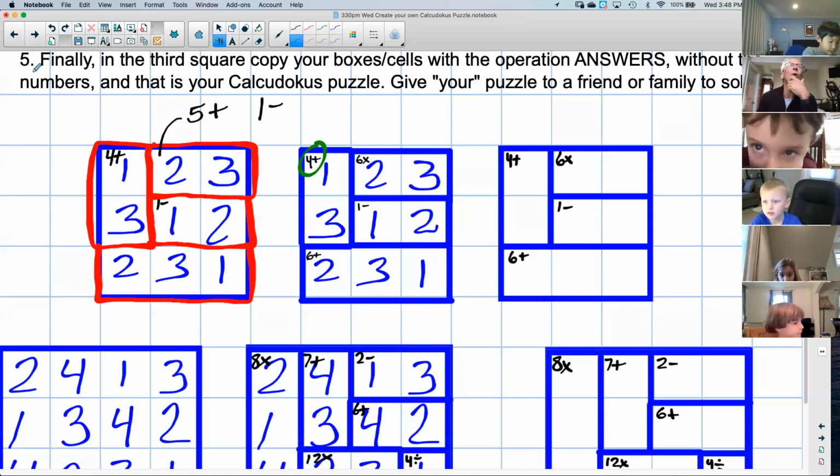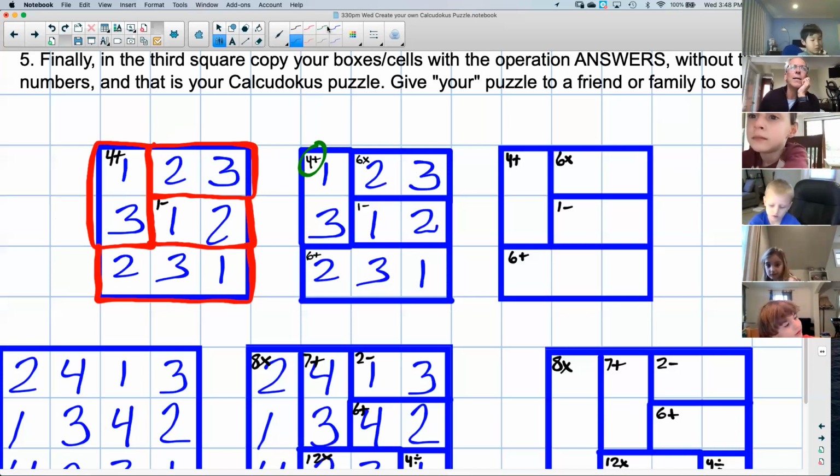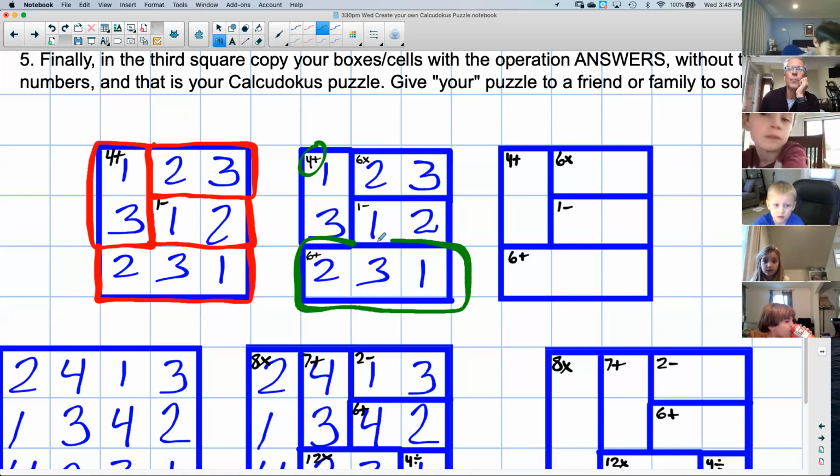But I chose to use 6 times. Now, who can tell me what I did in this bottom one right here? Aaron, can you explain that to me? Why did I put a 6 plus there?